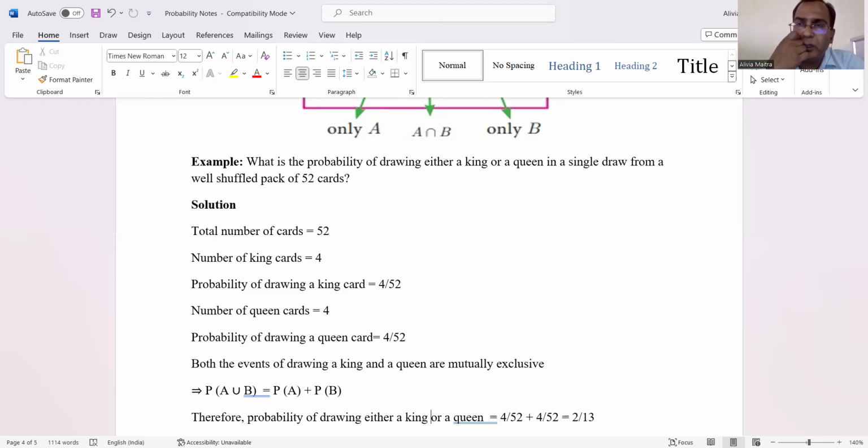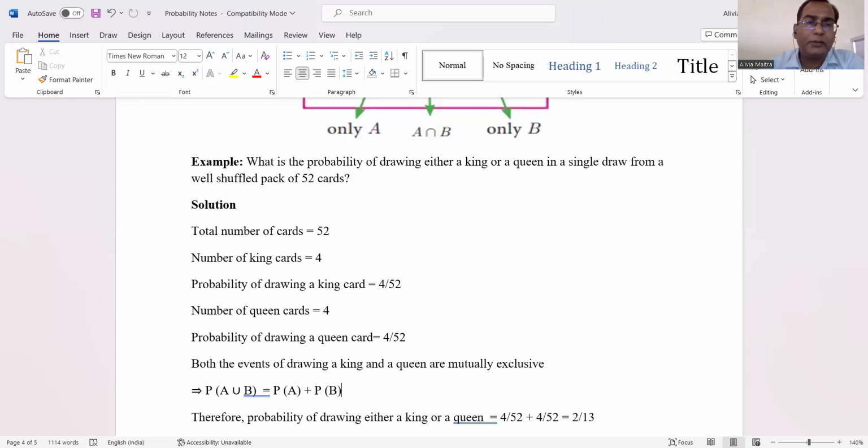Because drawing a king card and drawing a queen card simultaneously in a single draw shows two mutually exclusive events. That's why in the case of mutually exclusive events, P(A union B) is given by P(A) plus P(B). Therefore, the probability of drawing either a king card or a queen card is given by 4/52 plus 4/52. That means it is 8/52, which is equal to 2/13.